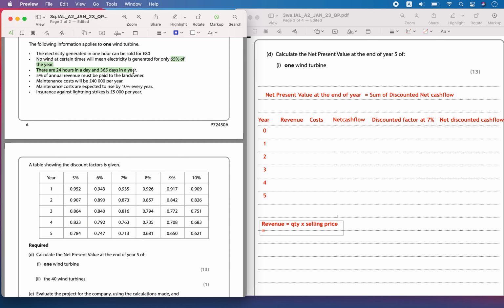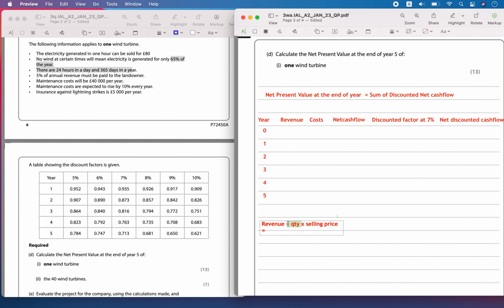So the quantity sold is the number of days operated, times the selling price. What is the total number of days they are operating? They are operating 24 hours and 365 days. So they are operating for 365 days, and they are open for 24 hours.